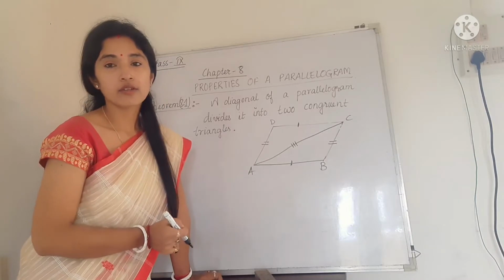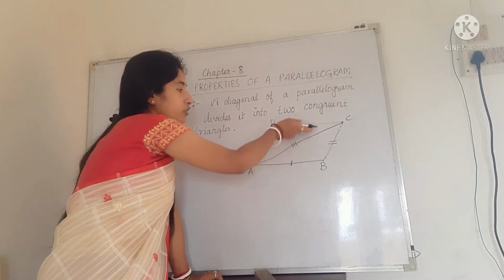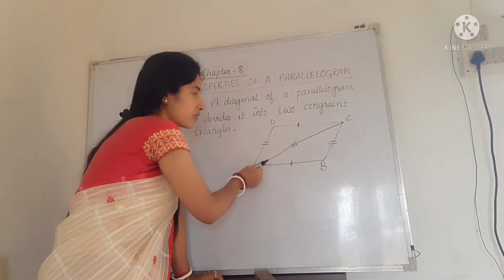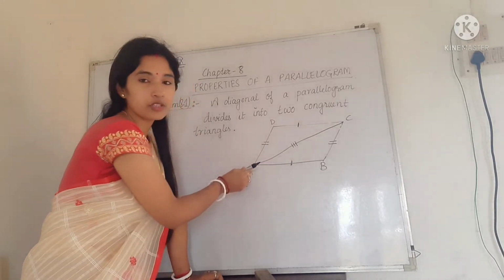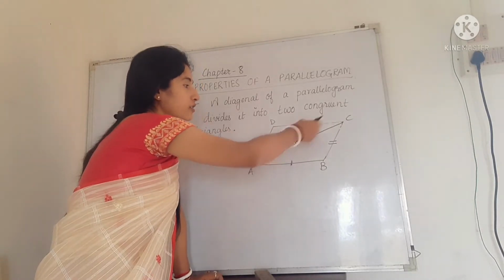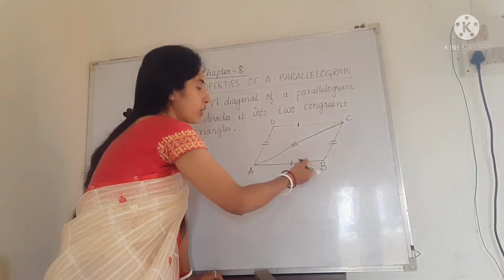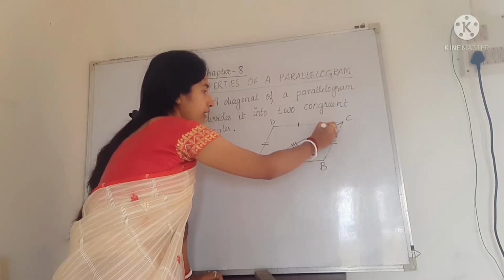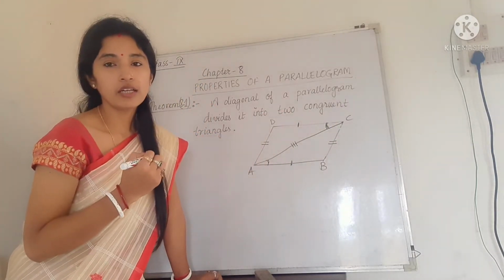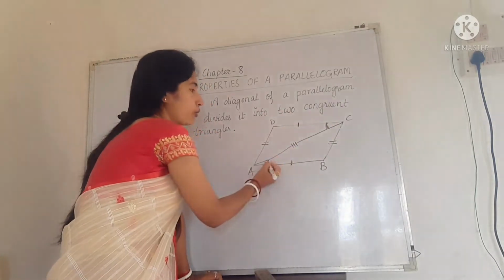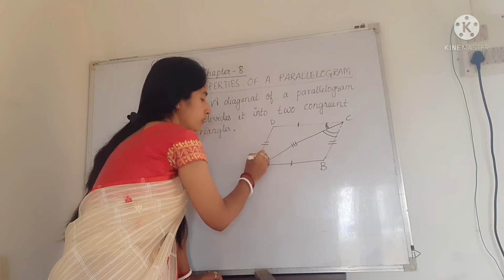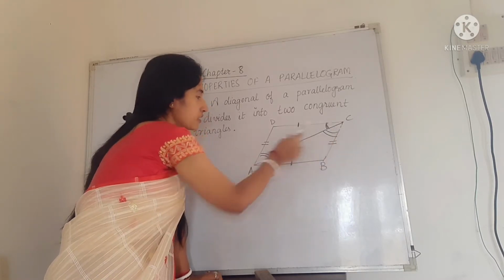There are other criteria also. We know that these 2 opposite sides are parallel. If the lines are parallel and there is a transversal, who is doing the role of transversal? AC. AC is the transversal. So DC is parallel to AB and AC is the transversal. Therefore, this angle is equal to this angle, and these angles are called alternate angles. Similarly, AD is parallel to BC and again AC is the transversal, so this angle will be equal to this.